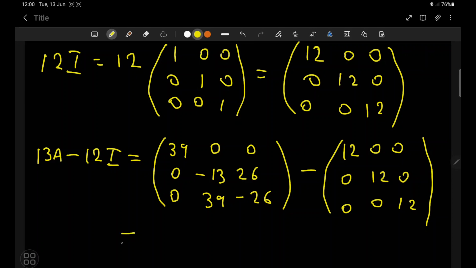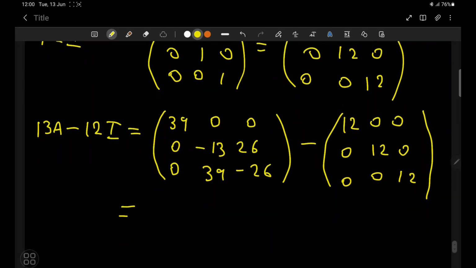So with addition and subtraction of matrices, we just do it with each element. That means 39 minus 12, that is 27. So this is now our final answer. So we'll have a 27 there.